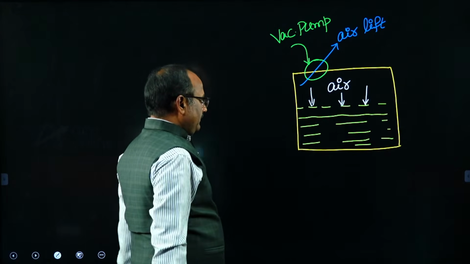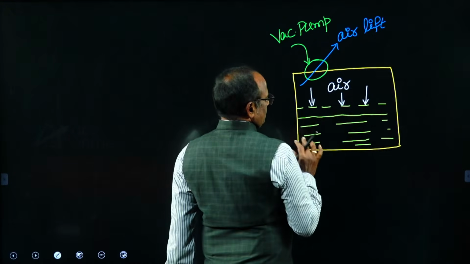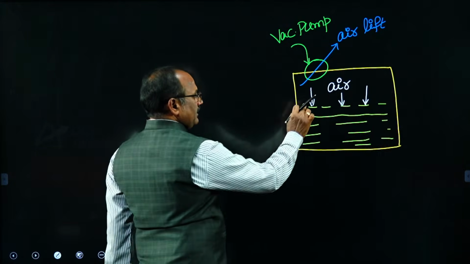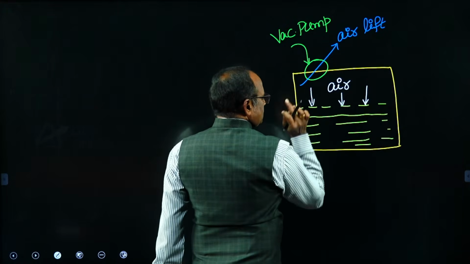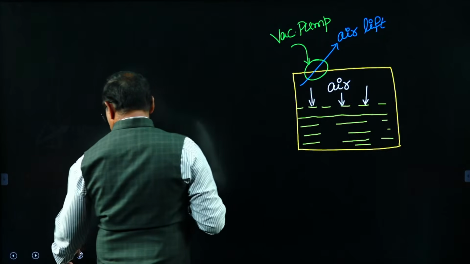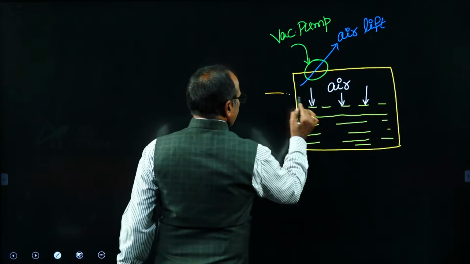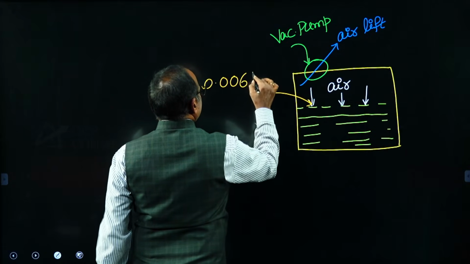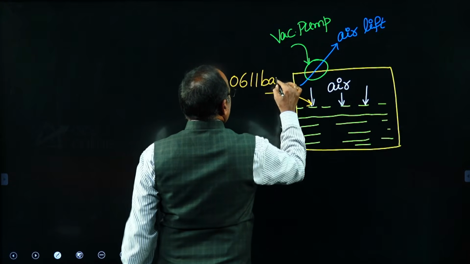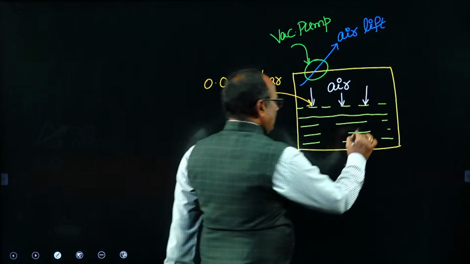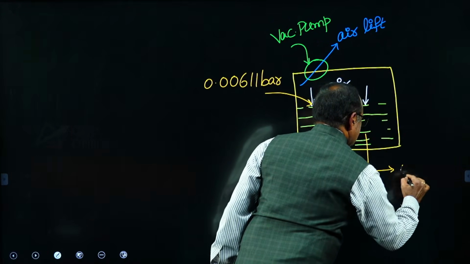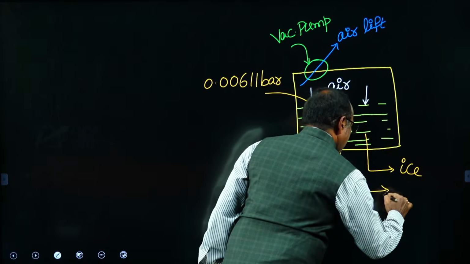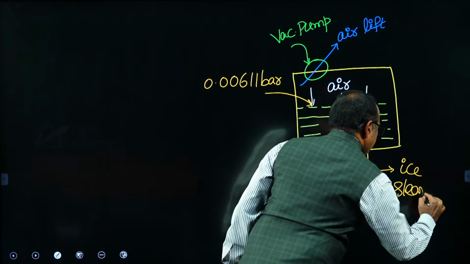Once the air is lifted from the surface of the water, the pressure acting on the surface of the water keeps on reducing. Once the pressure on the surface of the water reaches 0.00611 bar, at this pressure a part of the water becomes ice, that is solid. A part of the water becomes steam, that is vapor.